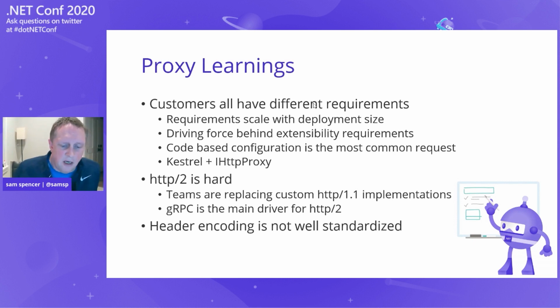And so what we've found is a couple of teams are taking just what I call the proxier component, IHTTP proxy, and using that together with Kestrel, and adding their own middleware components instead. As far as we're concerned, that's great. They're still using .NET, they're still using the proxy, and it proves our architecture works well for them.